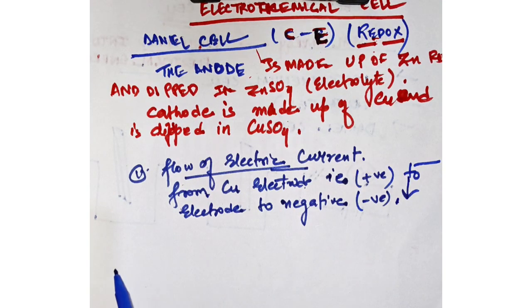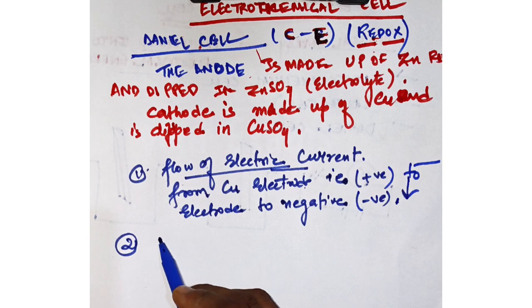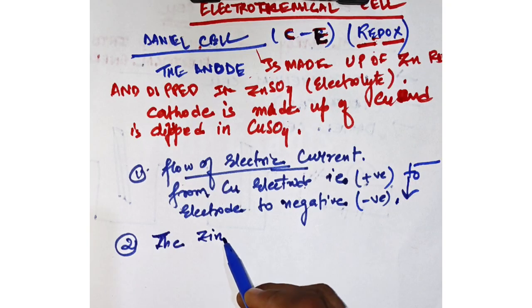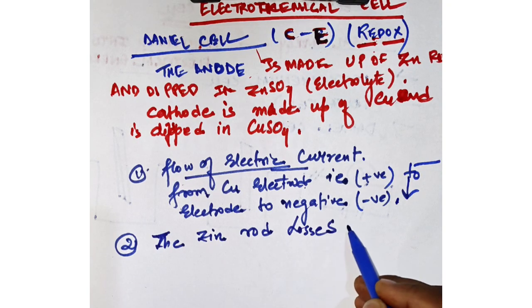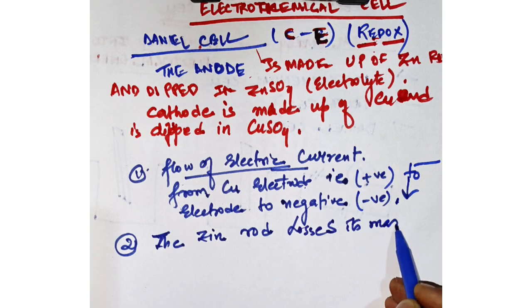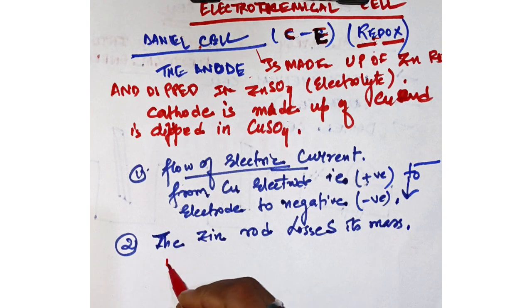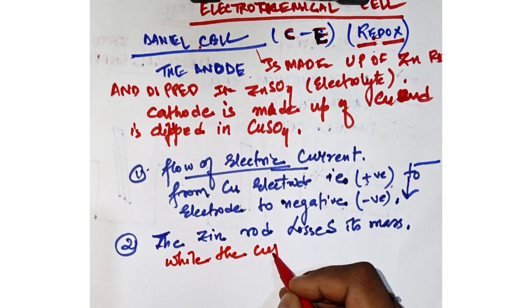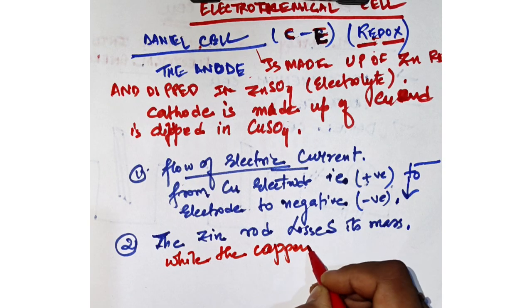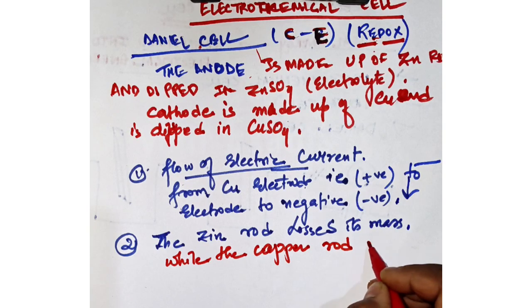Okay, the second observation was that the zinc rod loses its mass, while the copper rod gains its mass.